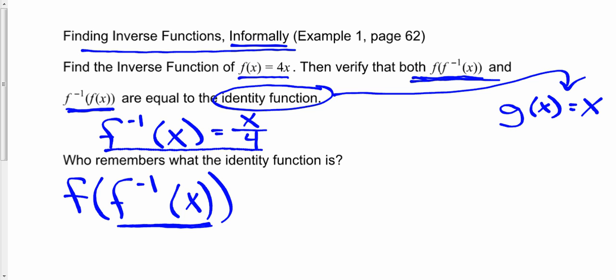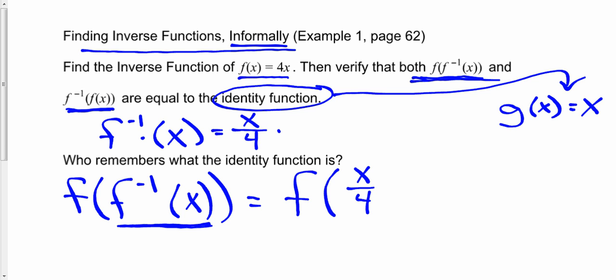F to the minus 1 of x is this guy. So I'm going to put this where I got that. So it's f of, and I'm using the substitution property of equality and replacing the inverse of f with x over 4 because the two are equal, right? This is equal to this, therefore I can replace this with this. You see my logic there?